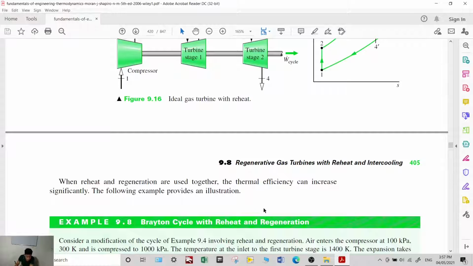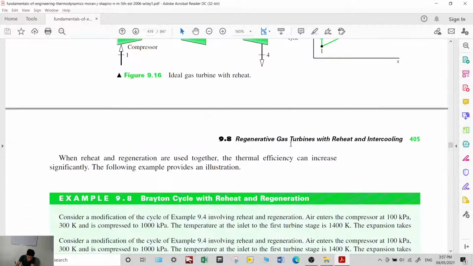So when reheat and regeneration are used together, thermal efficiency can increase significantly. Reheat and regeneration.